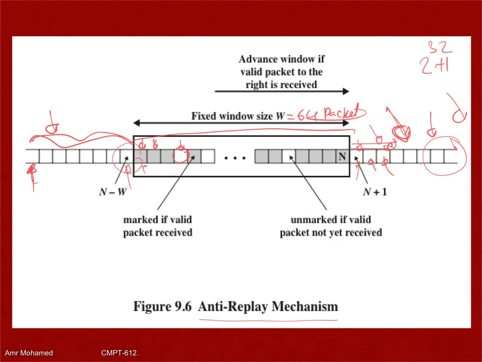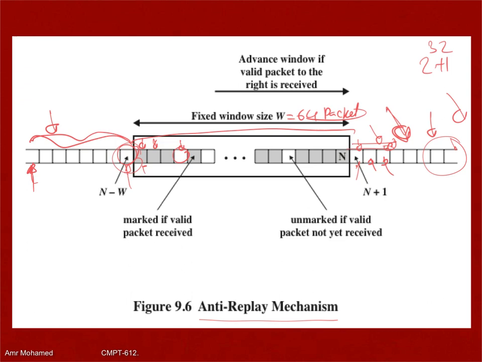It cannot be, because the window in fact compensates for how IP is unreliable. So if there is any packet here that's marked as not received, that must be a replay attack regardless, or that's the logic that I'm going to use.